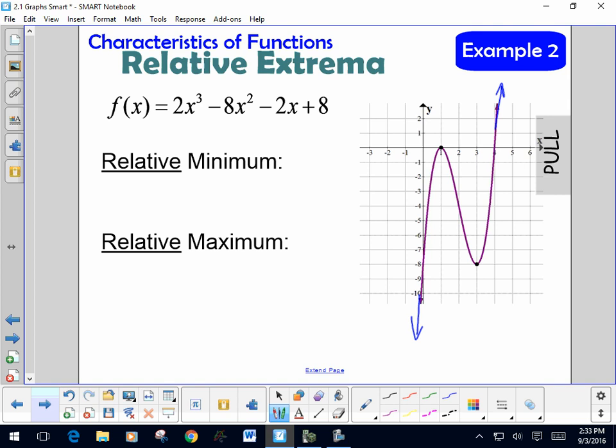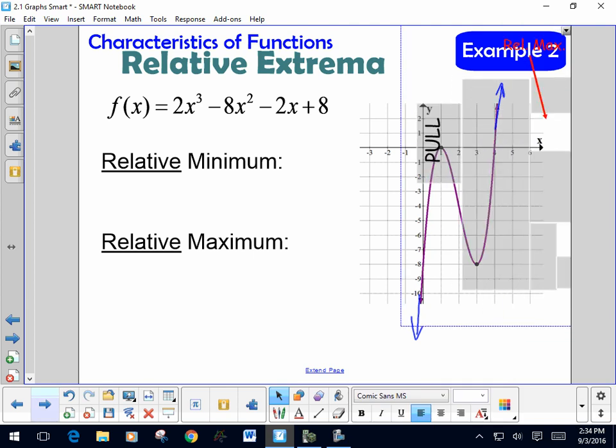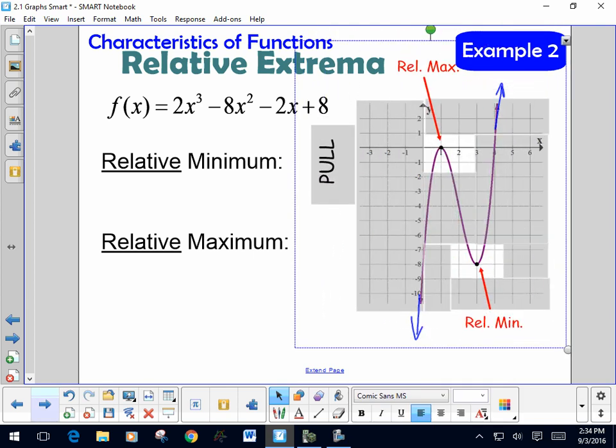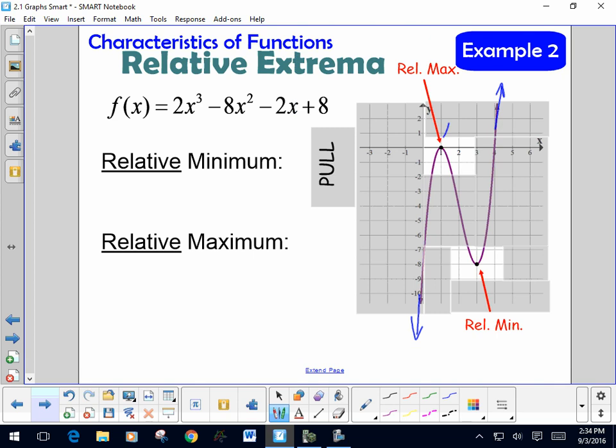But what it does have is some relative extrema, a relative minimum and a relative maximum. And those are these 2 points, a relative maximum right up here, and a relative minimum down here.